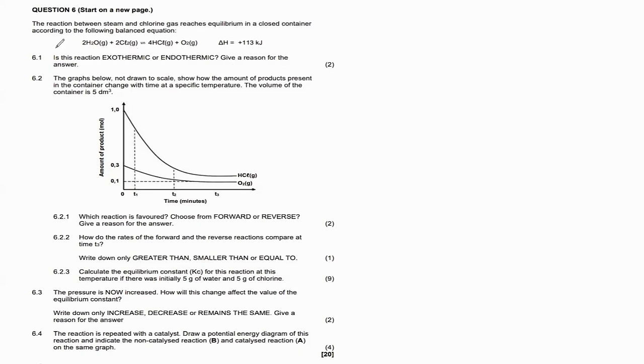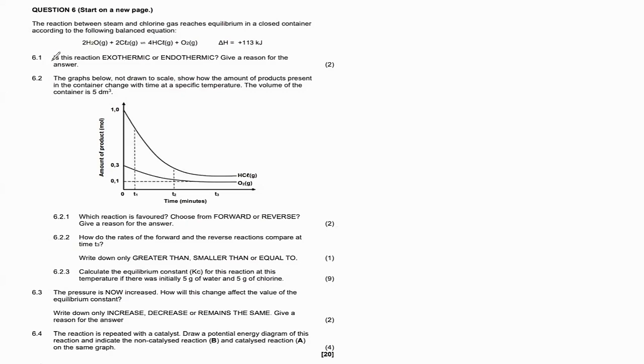So that means all of this can be substituted into our Kc expression. Remember, in our Kc expression, we only put substances that are either in aqueous state or in gaseous state. So the solids and liquids, we do not put them there because their concentrations remain constant throughout the reaction.